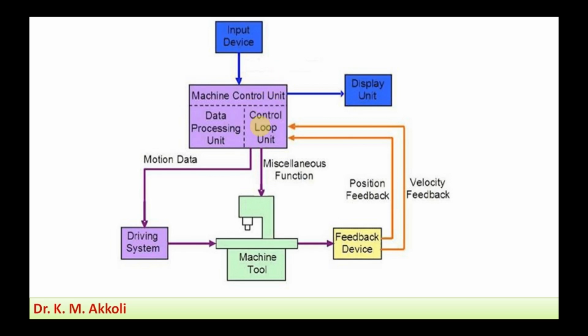Any variations are compared and corrected through the motion data. Like this, the whole operation of the machine tool is controlled by the computer. That is the computer numerical control machine.